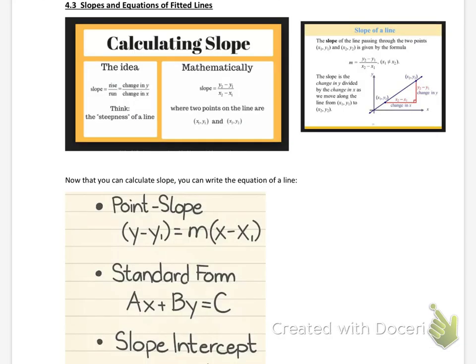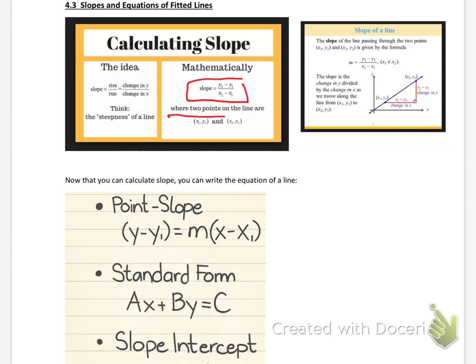Okay, 4.3 talks about slopes and equations of fitted lines. Okay, so the idea about a slope is the slope is defined as the steepness of a line, and you can calculate that mathematically, and you're talking about the rise over the run. So here's your mathematical expression for calculating slope. So you would need 2 points.